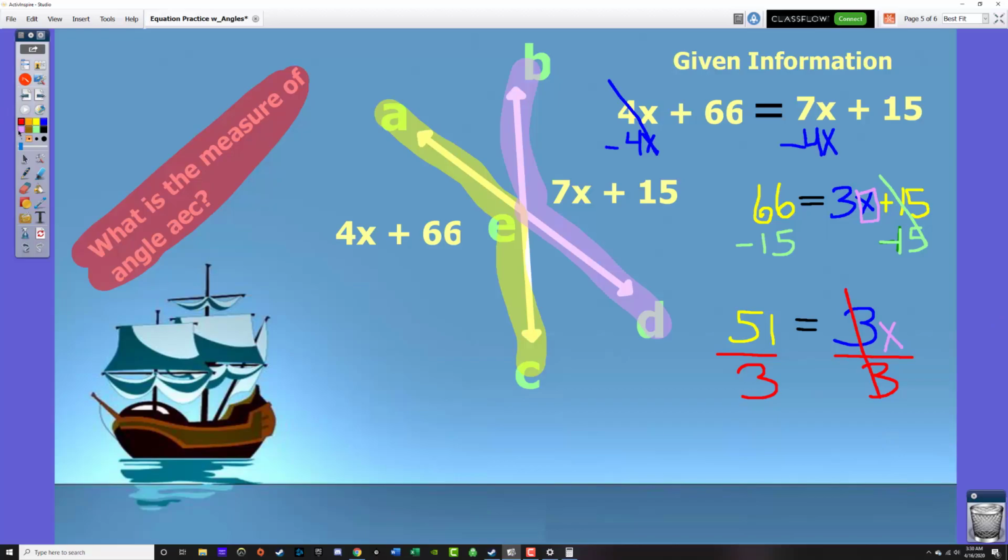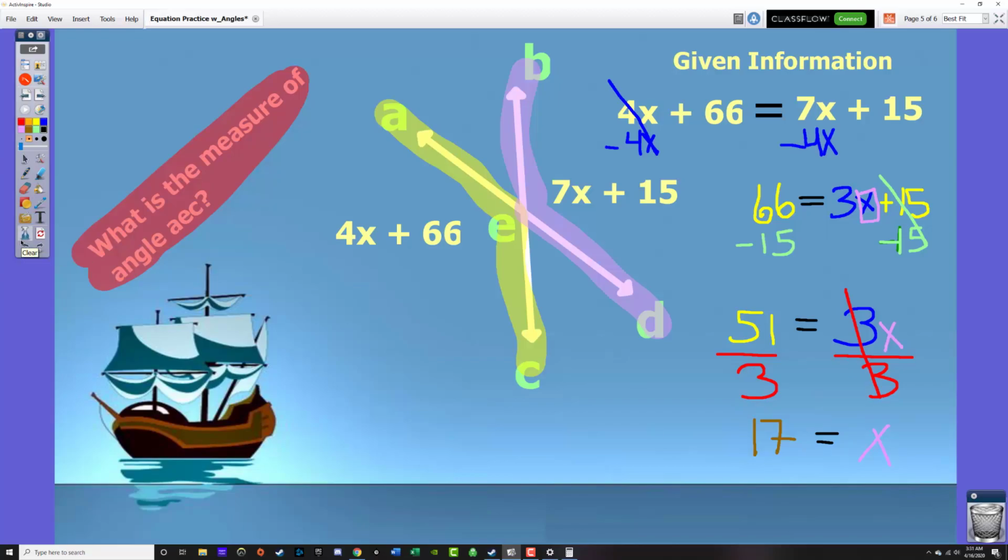These cancel out, and that leaves us with x is equal to 51 divided by 3, which is 17. So x is equal to 17.